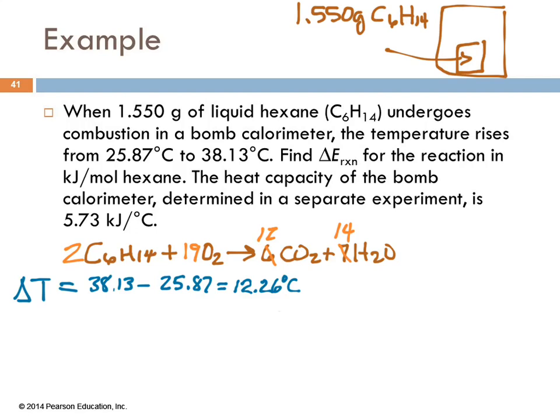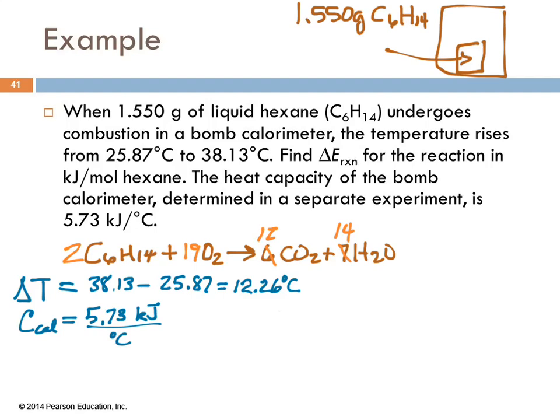It's the change in temperature. It says the heat capacity for the calorimeter. What's the letter that we use for heat capacity? C. So I'll call that C calorimeter equals 5.73 kilojoules per degree Celsius.